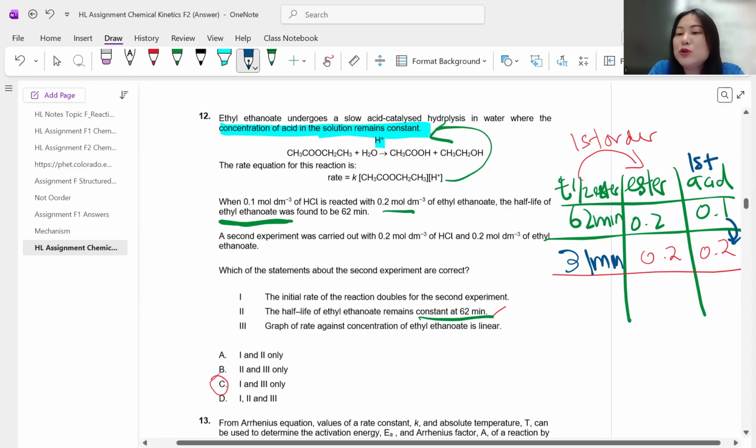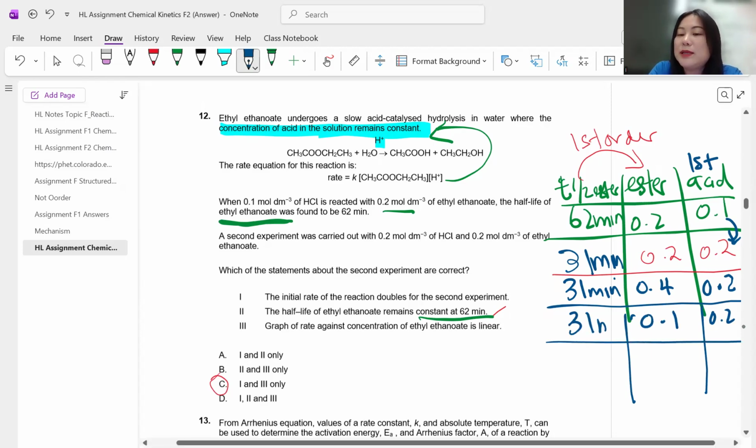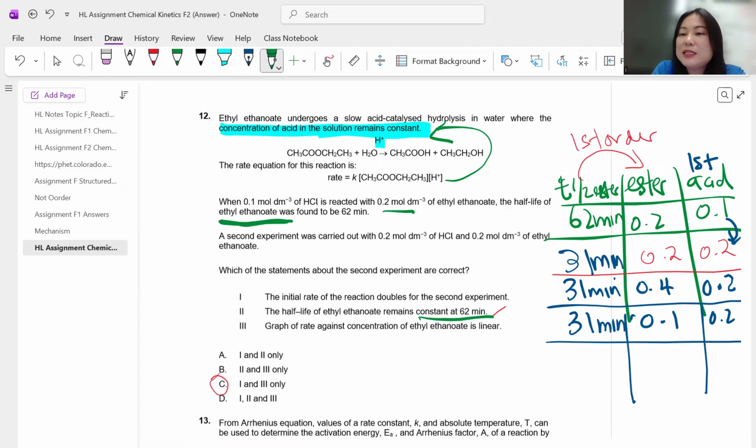So let me show you. That means if acid is 0.2, I didn't change acid, but I changed ester. What will be the half-life? It will be 31. If I don't change the acid and I decrease the ester, its half-life will still be 31. Okay, same for the 62 case. So look back at the 62 case.